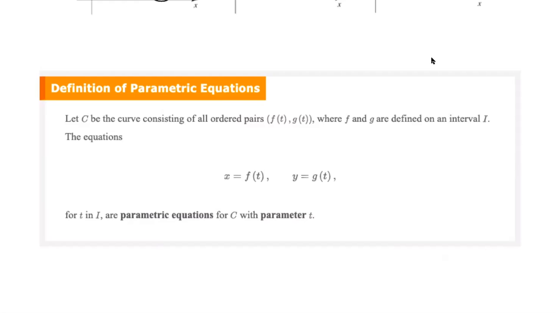This interval means that we have a starting point and an ending point. That's going to be really important for us to think about: where do we start, where do we stop, and what direction do we travel in to get there?